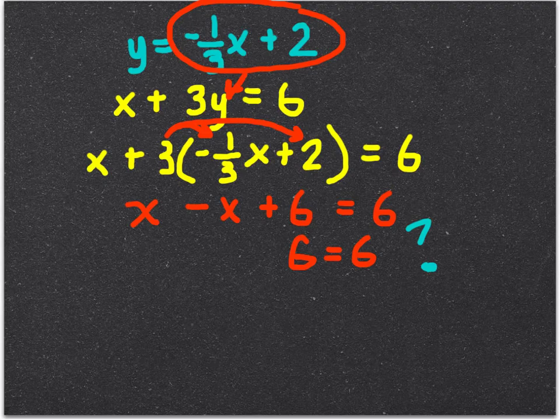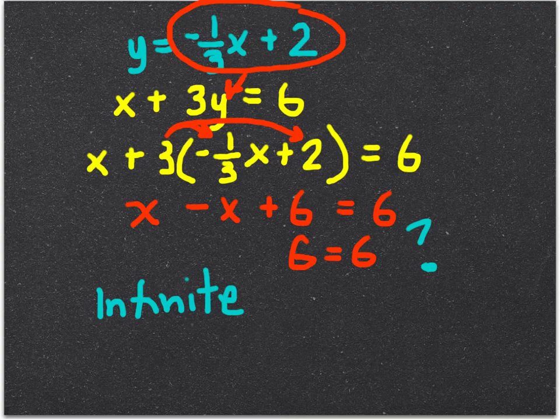But as some of you might have figured out, each of these equations represents the same line. It's just that this one is in slope-intercept form, and this one's in standard form. So what would we say about the solutions for the same line? Well, we would say that there are an infinite number of solutions.